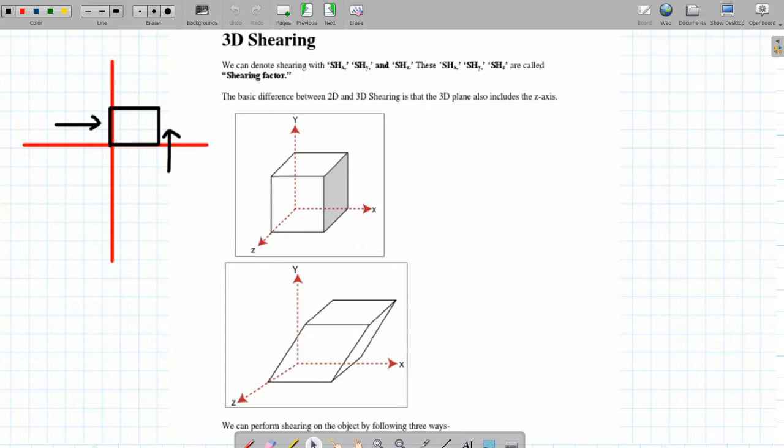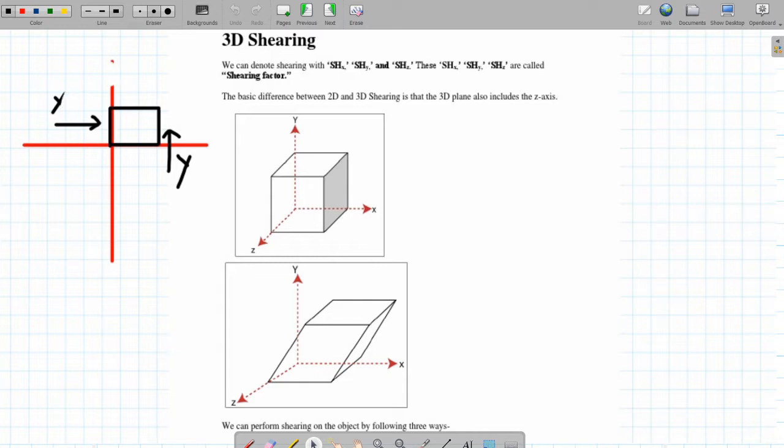If you applied shearing along the x direction, you can recall that changes take place. One was x-axis shearing and another was y-axis shearing.